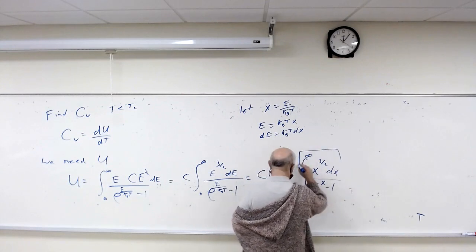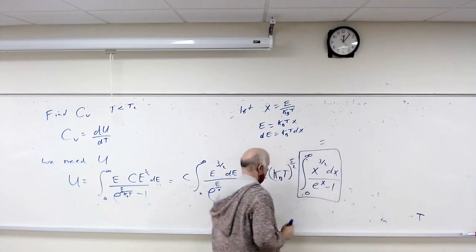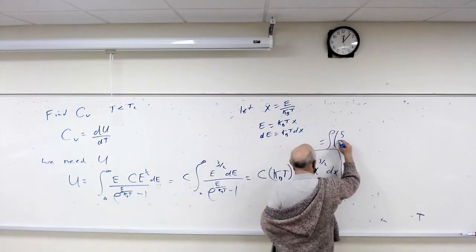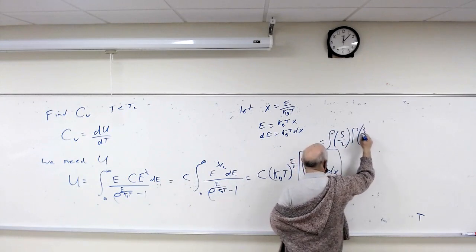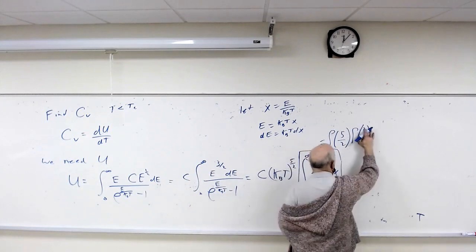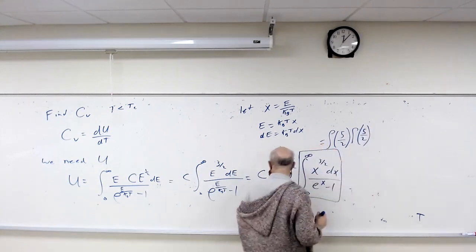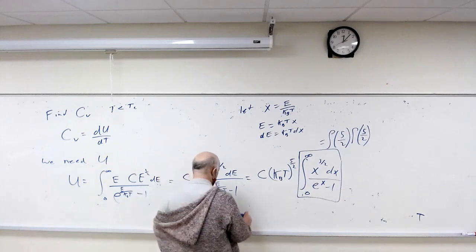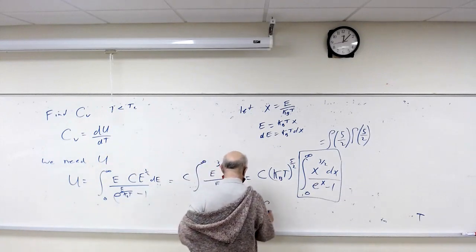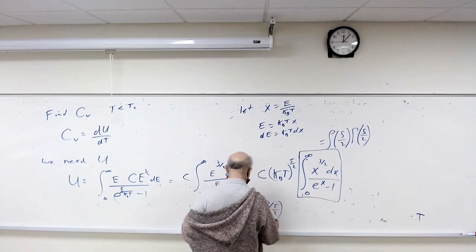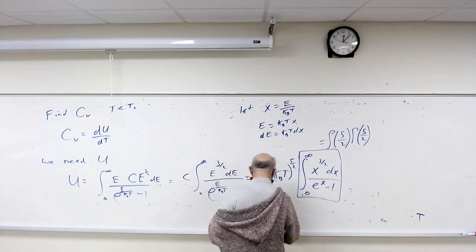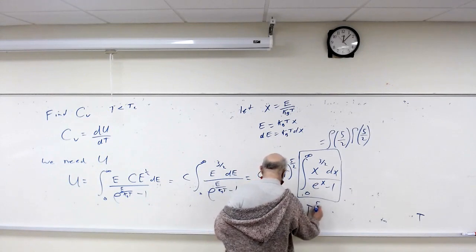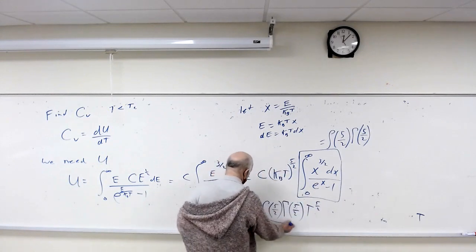Okay, what would this thing be? Riemann zeta of 5/2. Yeah. So this is the Riemann zeta function of 5/2 times the gamma function of 5/2. So we're going to have this C times Riemann zeta of 5/2, so this is really a constant.